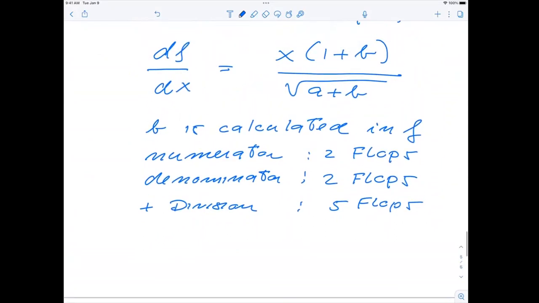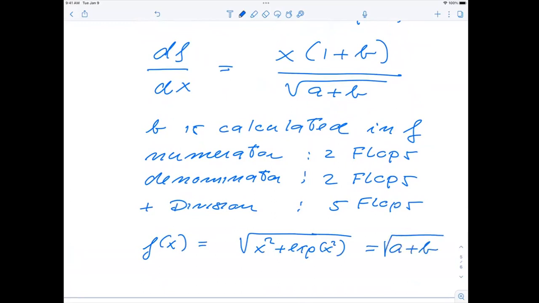Assuming then that I obviously have pre-calculated these quantities a and b when I calculate f here. And just to remind you, f of x, which we need when we are performing these calculations, is given by x squared plus exp x squared, which again is the same as a plus b, and then the square root of.